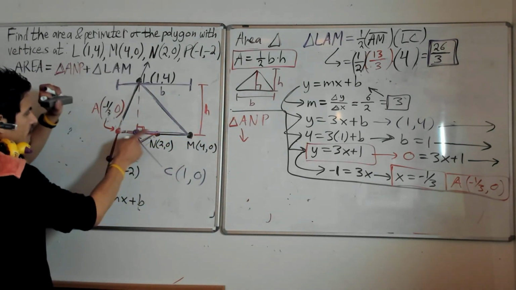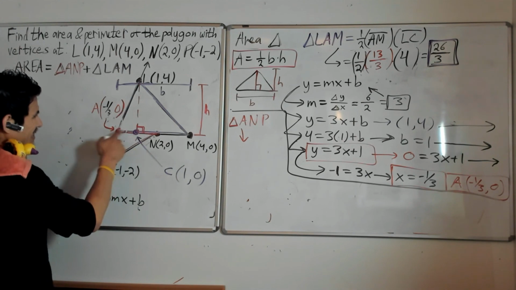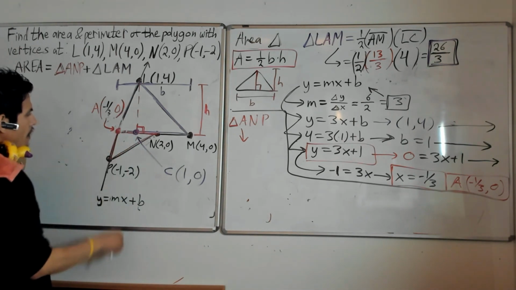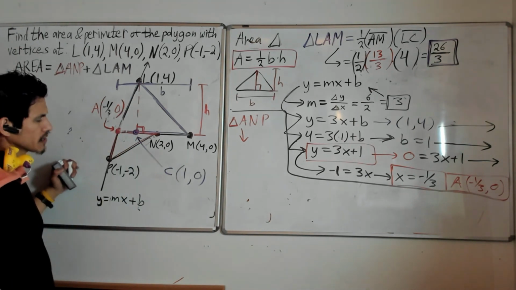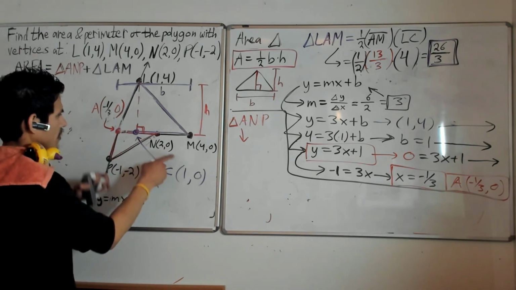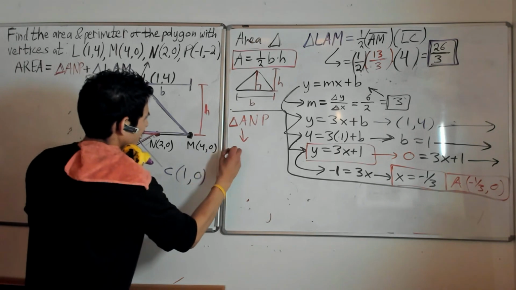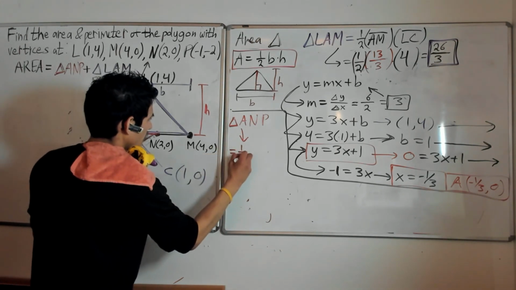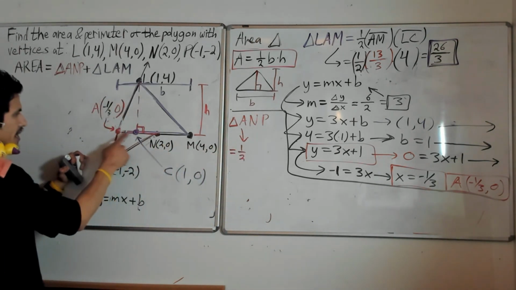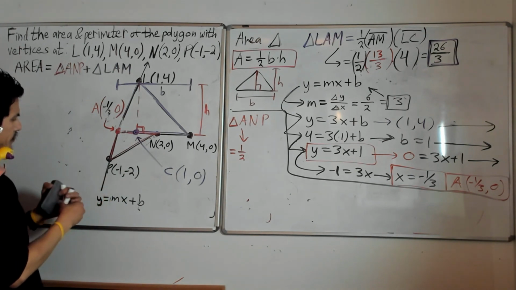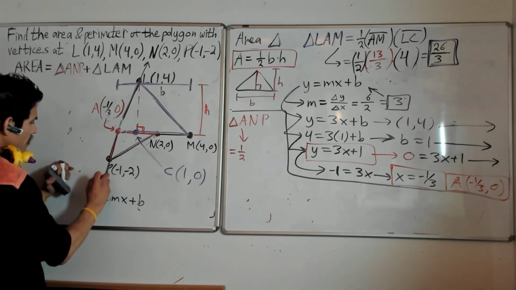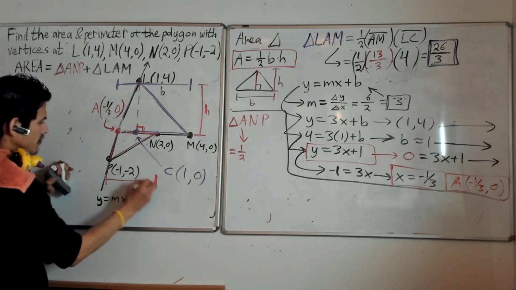then, let's have this be the base. Actually maybe I can draw this out a little bit better. From A to N, so the area will be 1/2 the base. The base will be from A to N. From here to here, this will be the base of triangle ANP.